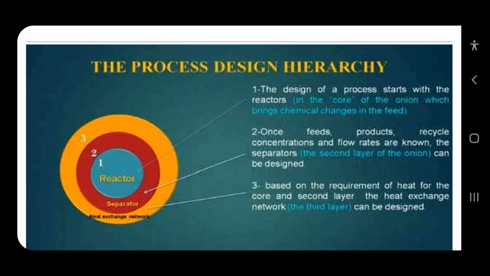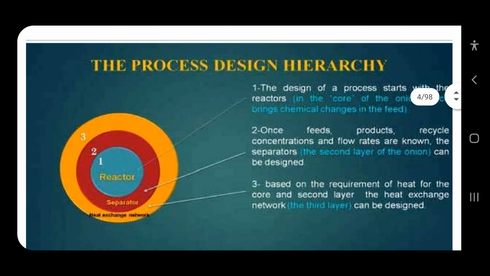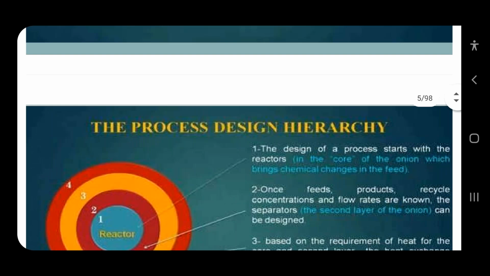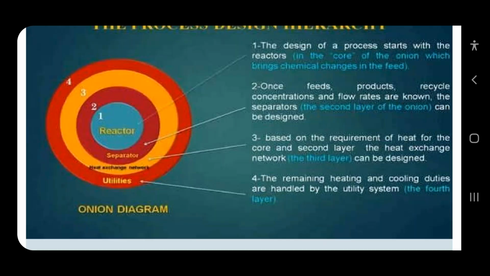There is a heat exchange network, and in the fourth layer you have to utilize that heat or coldness. That's the part of utilities. You have to utilize the heating or cooling duties. That is the fourth layer. The process utility system may be part of a centralized site-wide utility system.